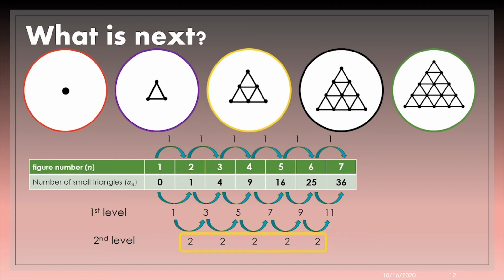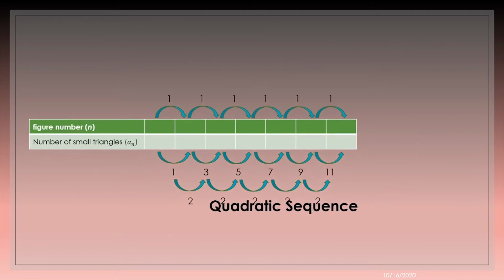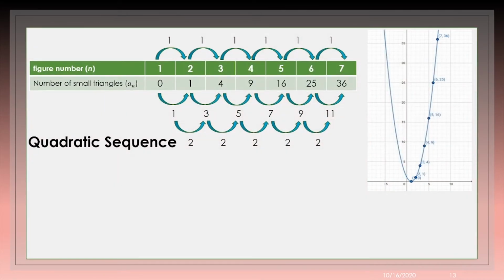Okay, kapag ang ating common difference is on the second level, it is an example of quadratic equation, di ba? But we are talking about sequence. So, it is quadratic sequence. Ano nga ang itsura ng graph ng ating quadratic equation? So, syempre siya ay parabola. Okay?